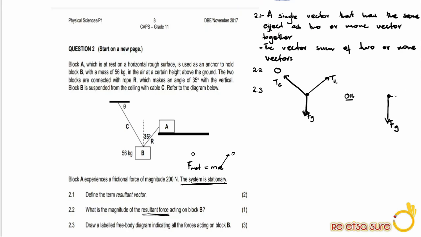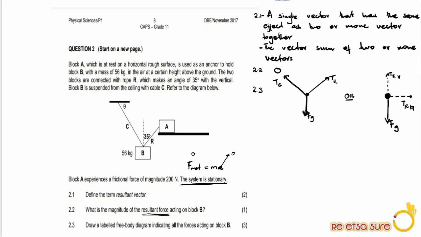So this is TR horizontal, and this one is TR vertical. And then I'm done with this one. Since I put the components, there is no need for me to include TR because the components are already here.